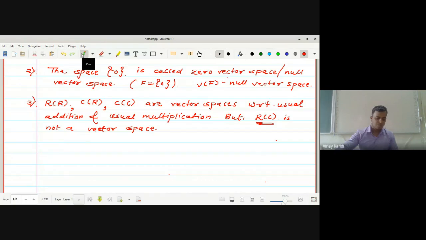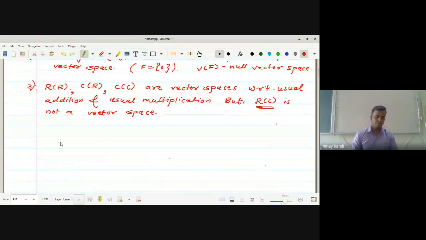Now, example number 4. Let capital F be an arbitrary field.